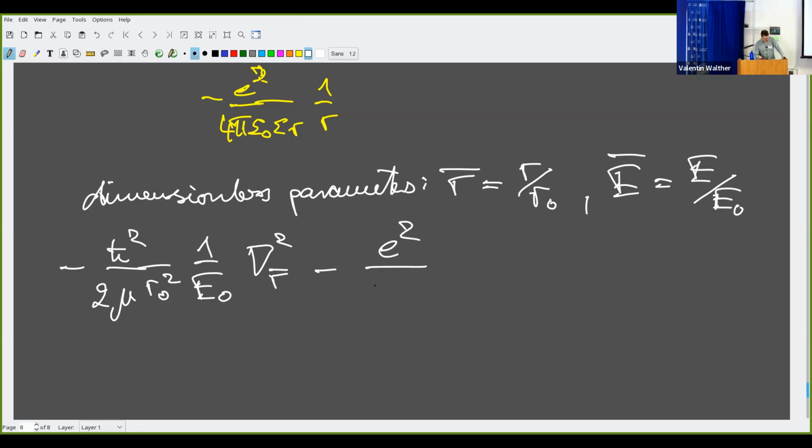For concreteness, I put in the Coulomb potential with the dielectric screening. Here again there's r0 from the 1 over r factor and an E0. So it ends up looking like this.